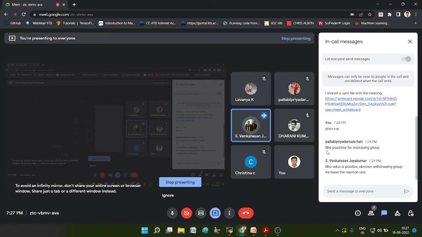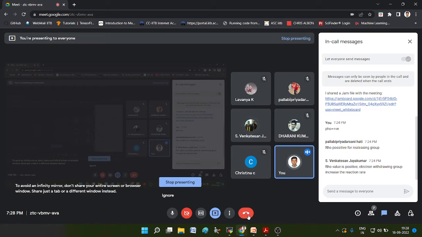Sir, if X is the electron withdrawing group, the electron flow is away from the carbonyl carbon. So the carbonyl carbon becomes more electropositive, that means more electrophilic. Then the amino group with its lone pair attacks quickly. So electron withdrawing group will increase the reaction rate on that basis.